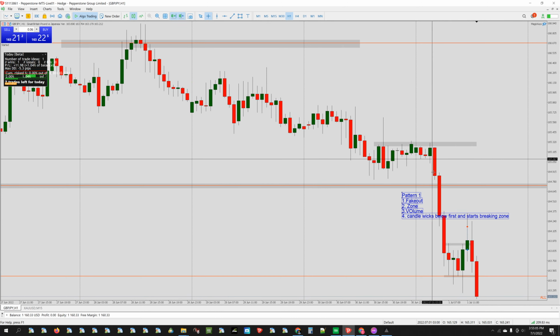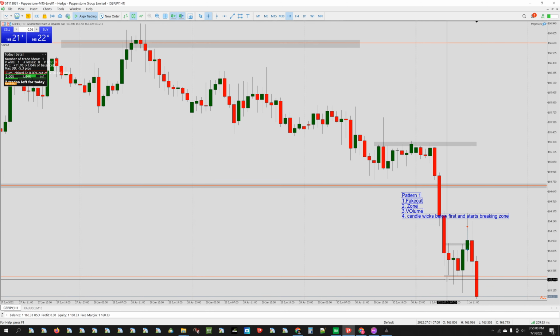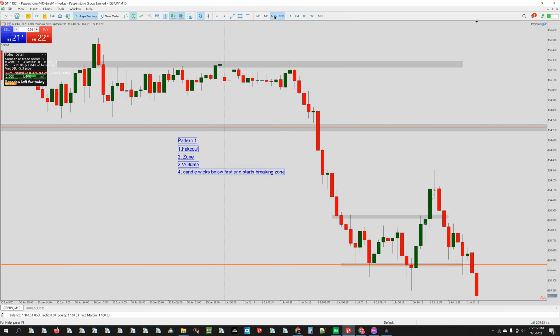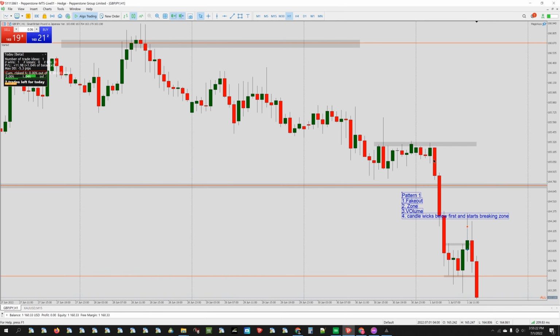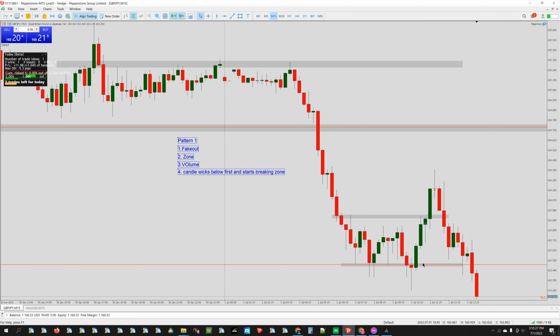As we can see, we have an established bearish trend in GBP/JPY. Second thing is volume. There was volume present. Third thing is fake out. We have done a fake out, but if we look at the higher time frame, there was high probability for prices to keep pushing down. And the next thing is zone.